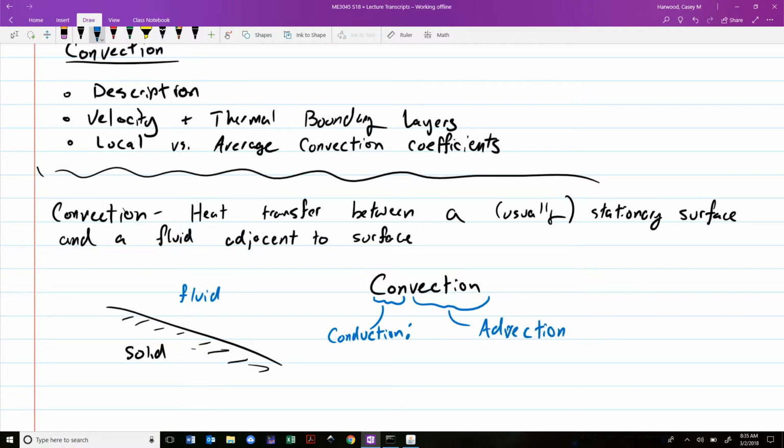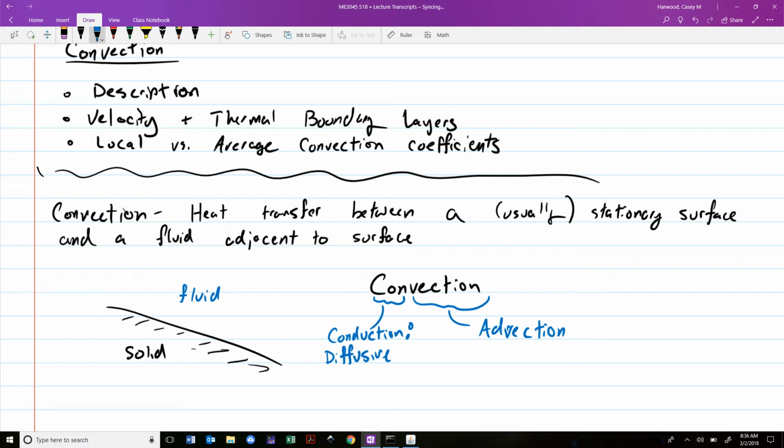So conduction is that diffusive spreading out of heat. So if this boundary, for example, is warmer than the fluid next to it, the idea is some of that heat is going to be transferred to the fluid via this diffusive action of these molecules running around and bumping into each other.